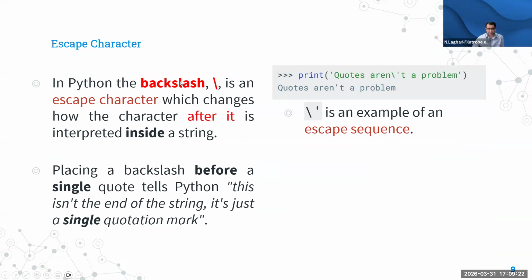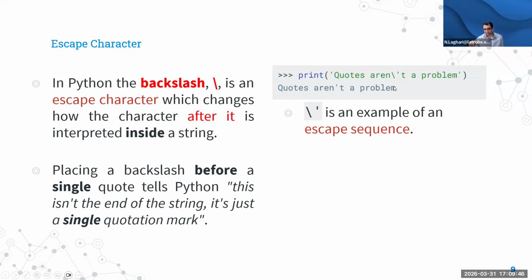Here you see that we are printing an escape character. So when we use a backslash within the quotes, if we want to print another quote, because this is in the quote, then we need to use the escape character.